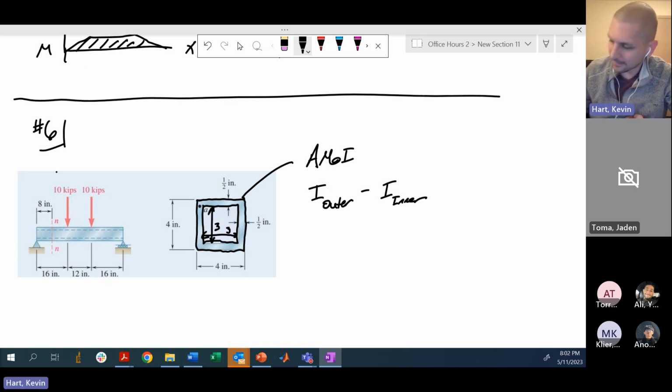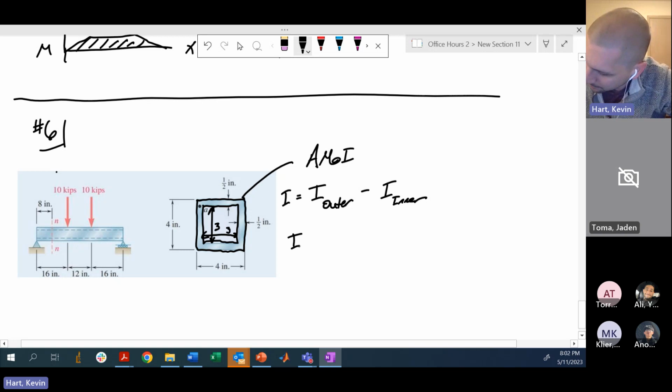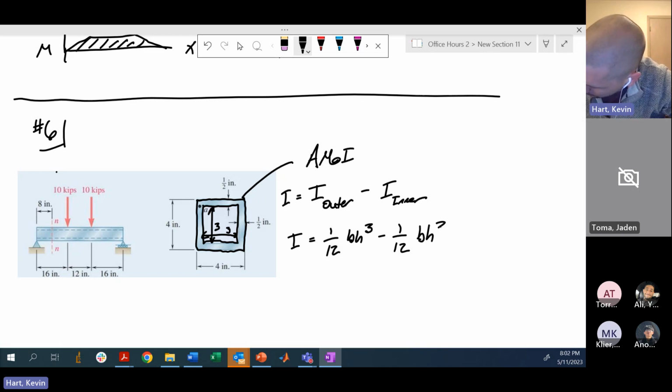Following that logic? Yep. Okay. So in that case, I have 1/12 bh cubed minus 1/12 bh cubed. You agree? Yeah. Where we have the outer and the inner values for the base and the height.